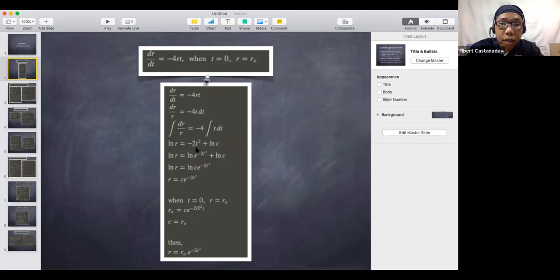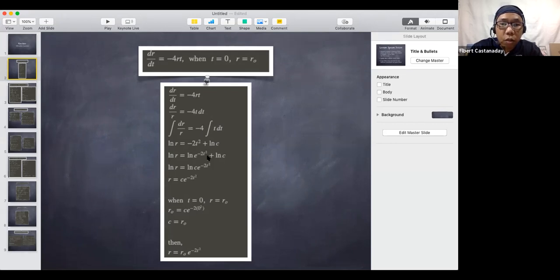If you divide -4 by 2, it becomes -2, so you have -2t squared plus, supposedly, an arbitrary constant c. Since we want to simplify this, we make it ln of c, just like in my solution.